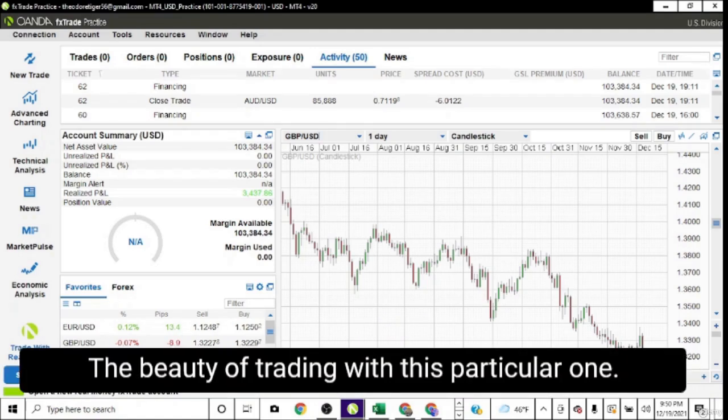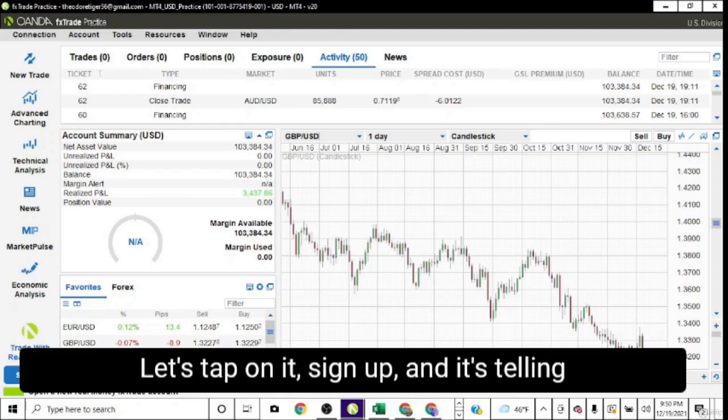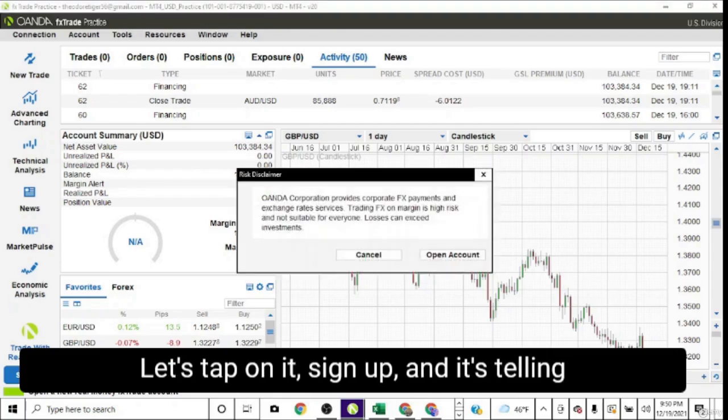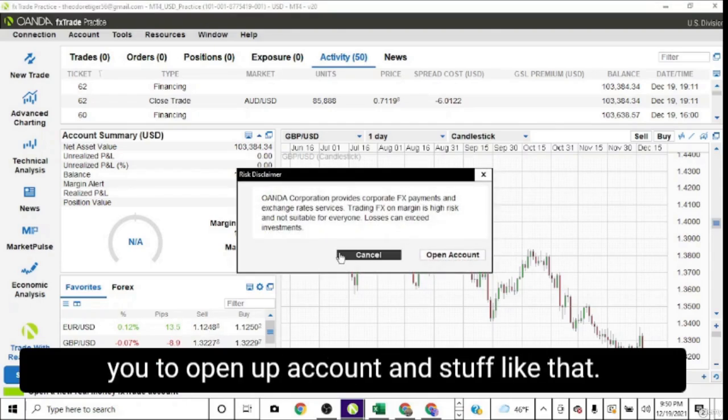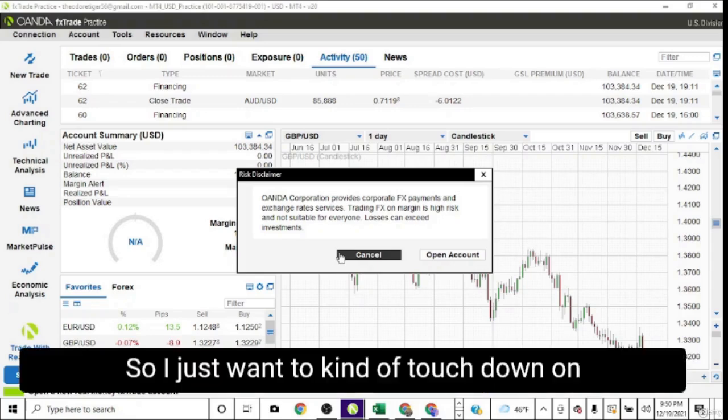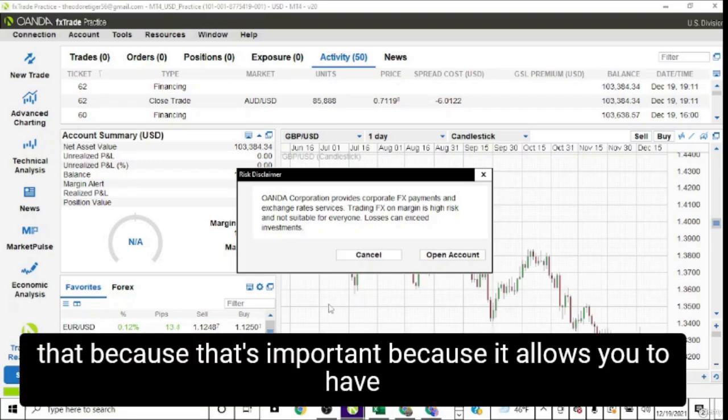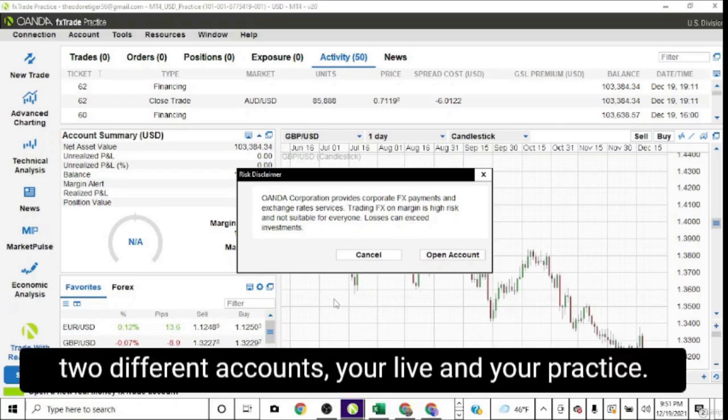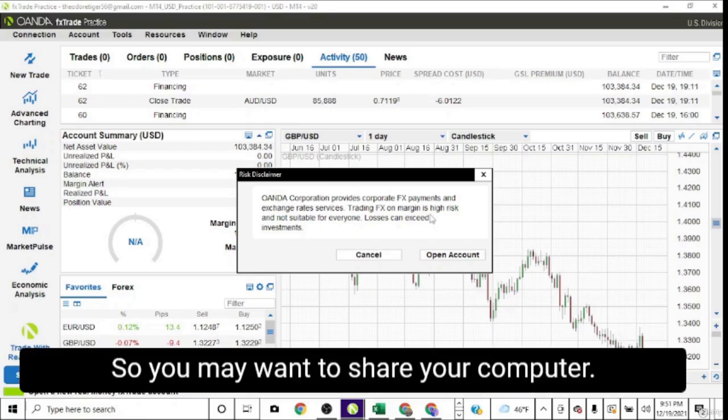Then we said trade with real money, right? And now the beauty of trading with this particular one, let's tap on it. Sign up, right? And it's telling you to open up an account and stuff like that. I just want to touch down on that because that's important: it allows you to have two different accounts, your live and your practice. So you may want to share your computer.